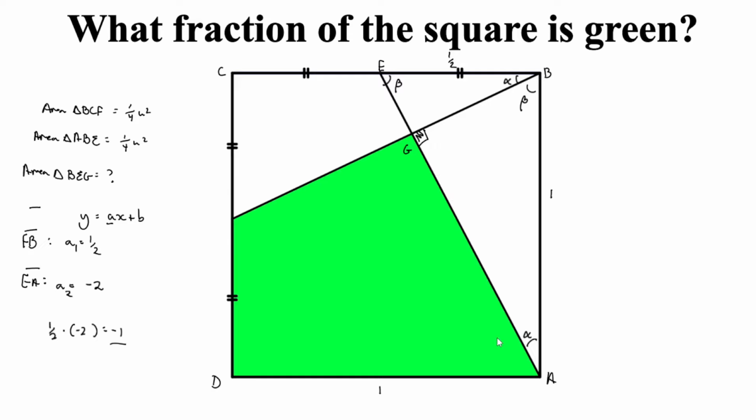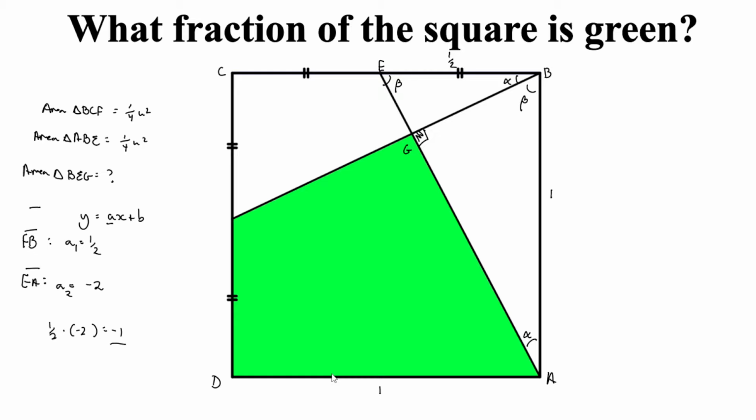And, well, we should solve the problem now. So we have concluded that these triangles are similar, and also we know their ratio of similarity. So the hypotenuse of triangle BEG is 1/2, and the hypotenuse of triangle ABG is 1. So their ratio of similarity, let's put the small on the big, would be 1:2.